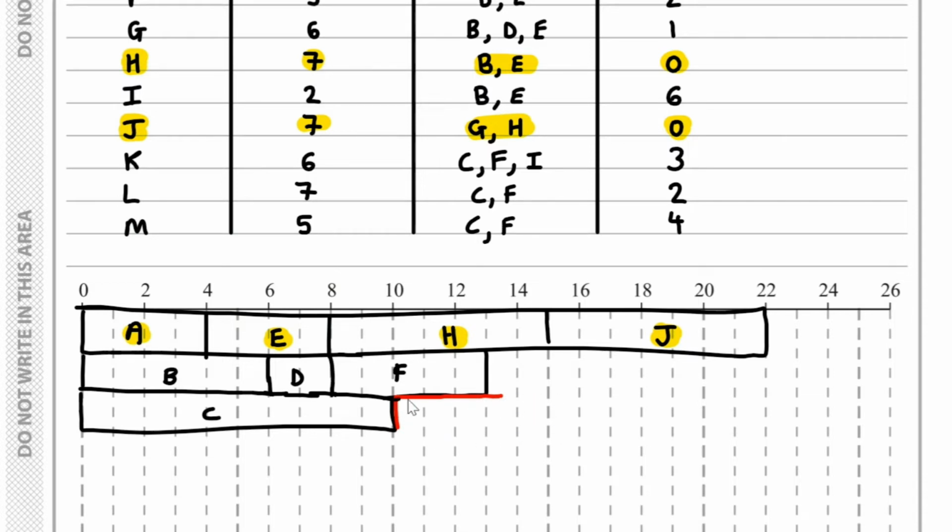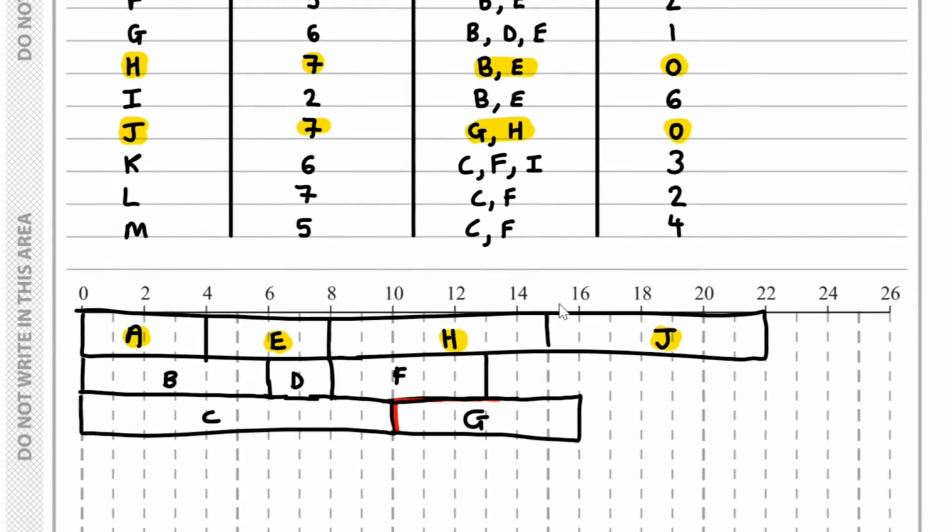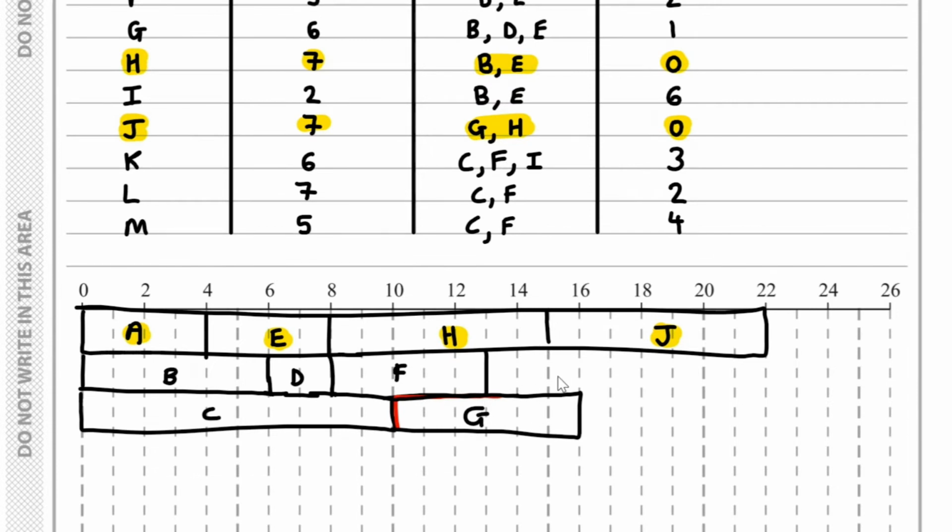If I add that on, this is where G could go. Now, the problem with this current configuration is we know that J depends on H completing, so that's fine, but it also depends on G completing, so that means G needs to finish before J can start.